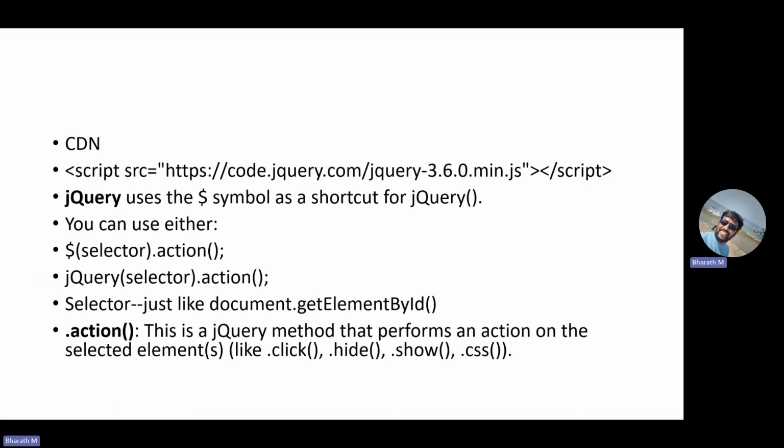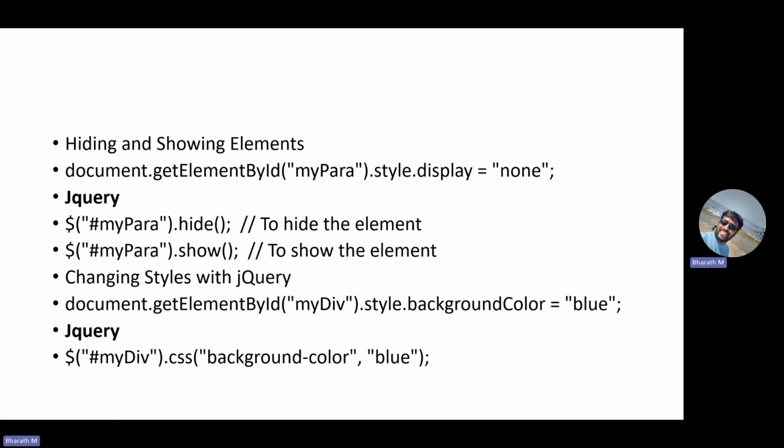Once that particular action or the button is pressed by user, what action to be taken. And this dot action is a jQuery method that performs an action on the selected elements like click, hide, show.